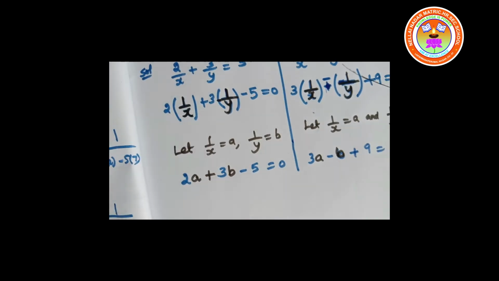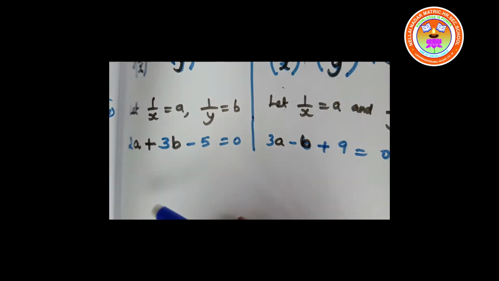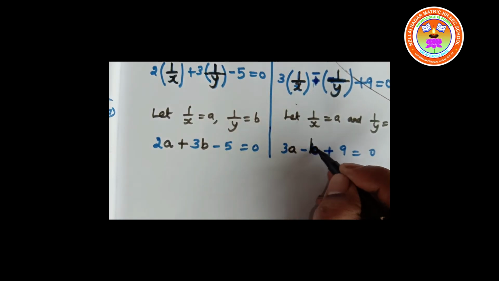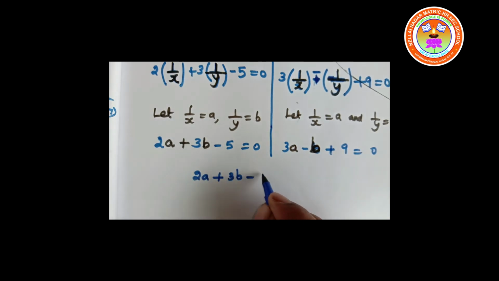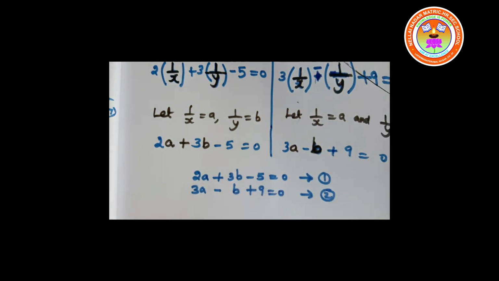So now what you're going to do? You're going to take first equation and second equation. First you're going to find the value of a and b. 2a plus 3b minus 5 equal to 0, consider as first equation. 3a minus b plus 9 equal to 0, take it as second equation.